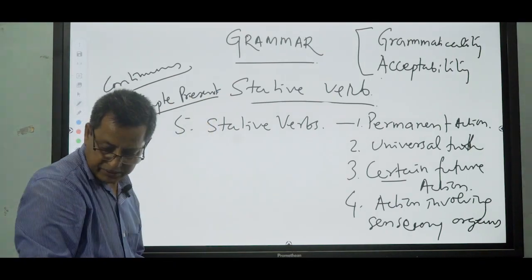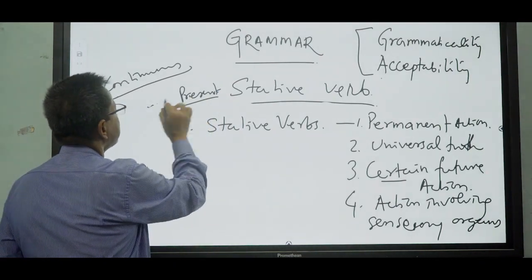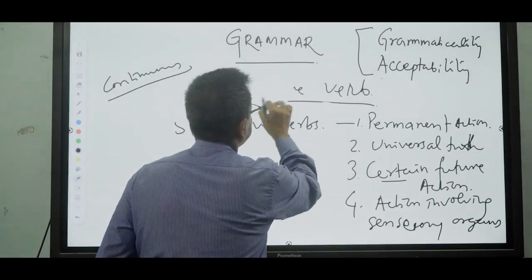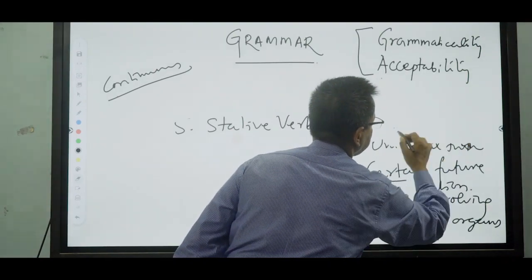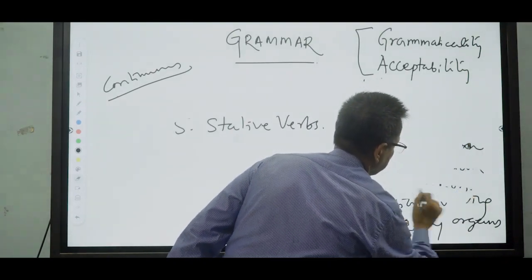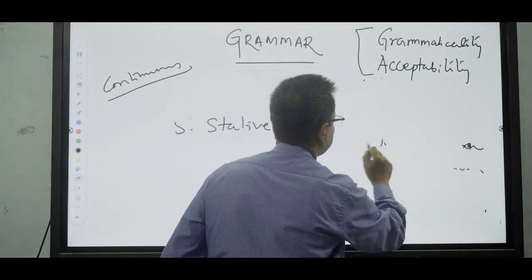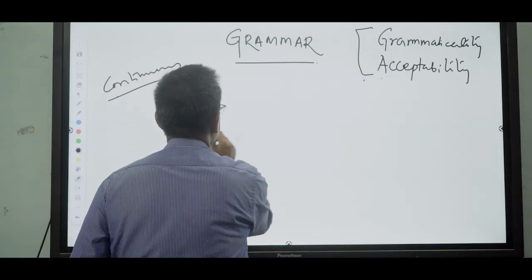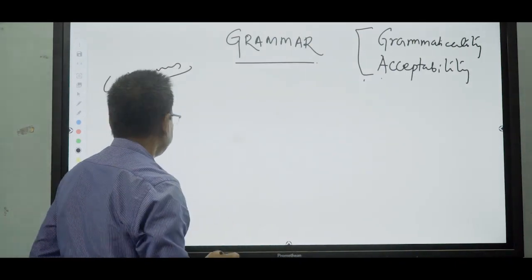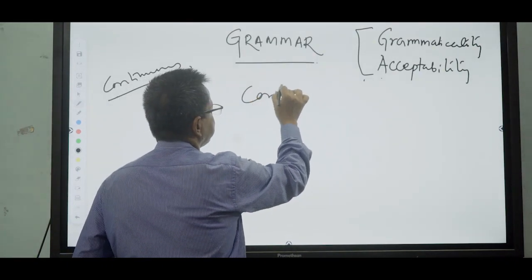The next point that I will show you is the continuous, that is present progressive. In present progressive, I will list out only 3 grounds where you will be using the continuous form.